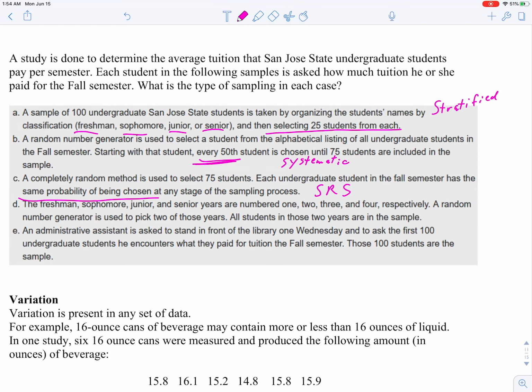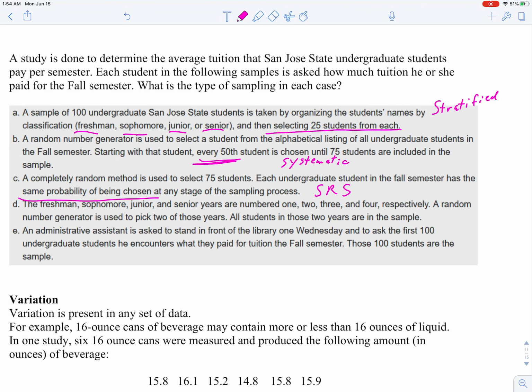All right, part D. The freshman, sophomore, junior, and senior years are numbered 1, 2, 3, and 4 respectively. A random number generator is used to pick 2 out of these groups, but all students in each of those 2 groups are sampled.